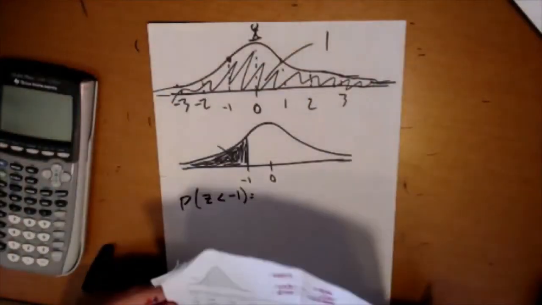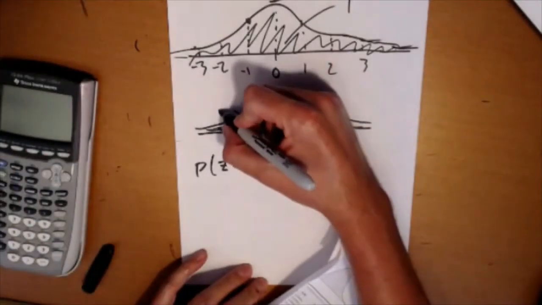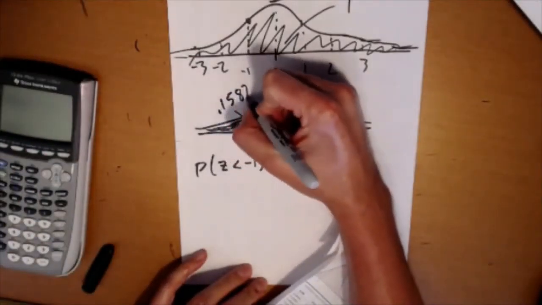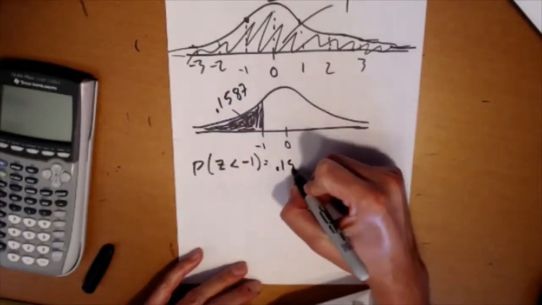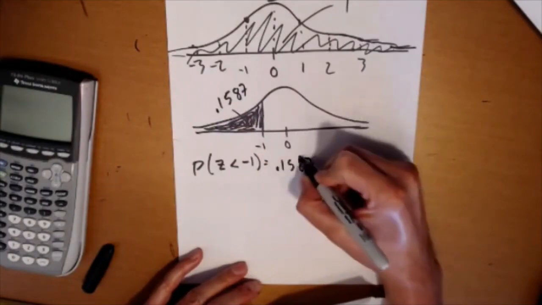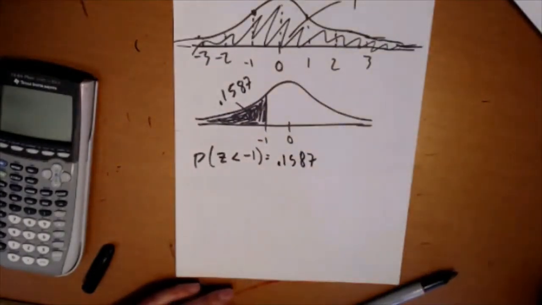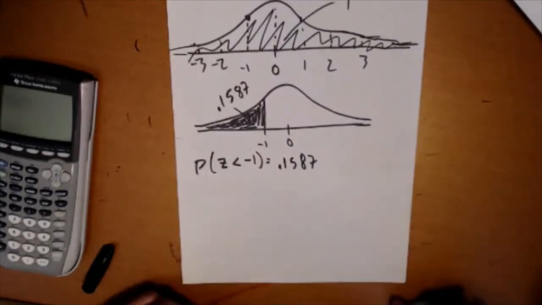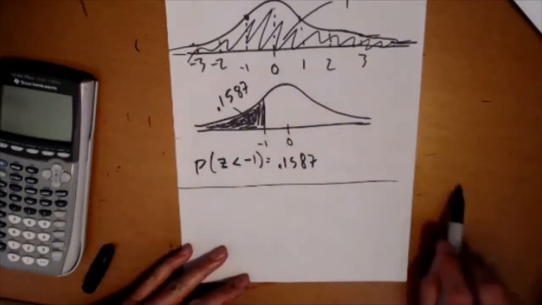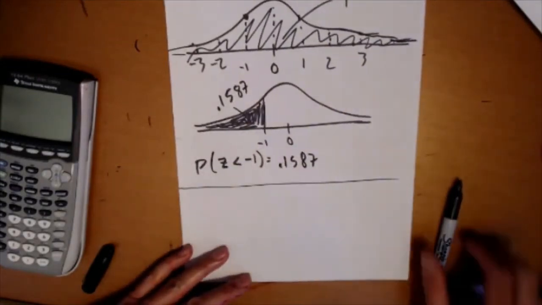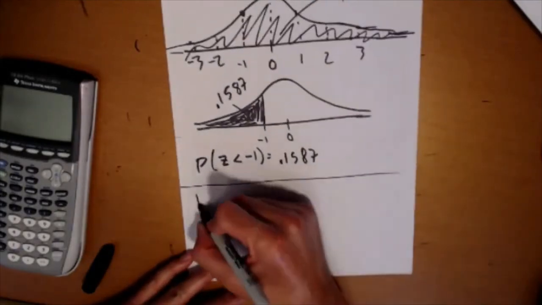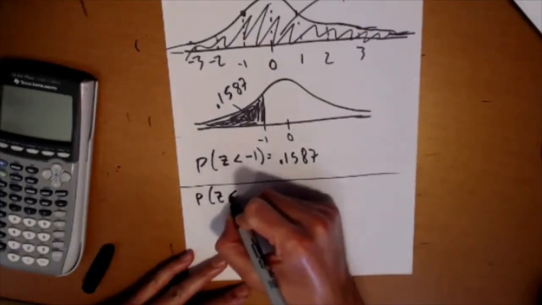So right next to -1, I see 1587. So this area is 0.1587. I'm going to show you how to do this on the calculator, but right now I like showing you the old school way.